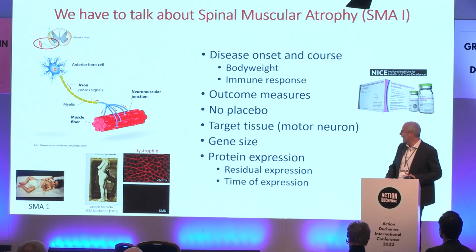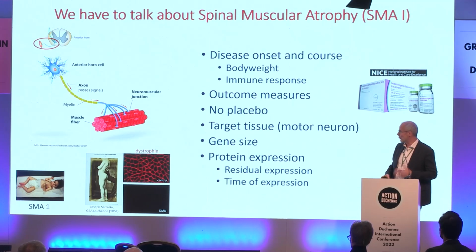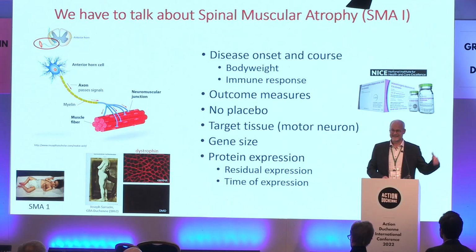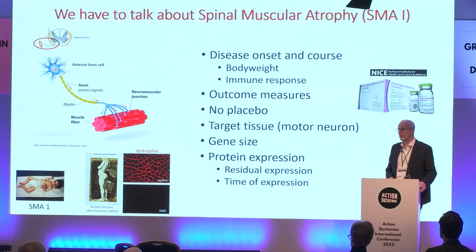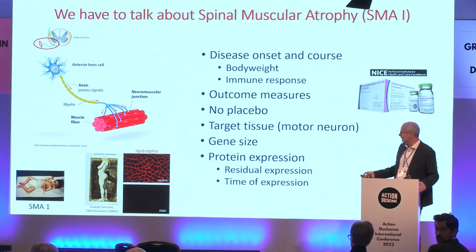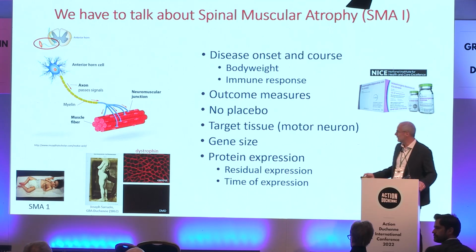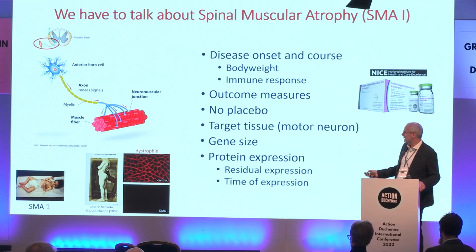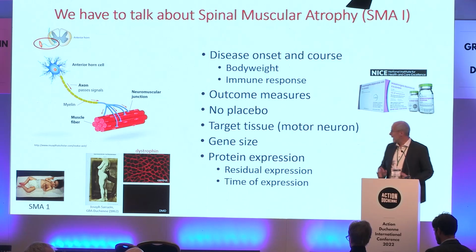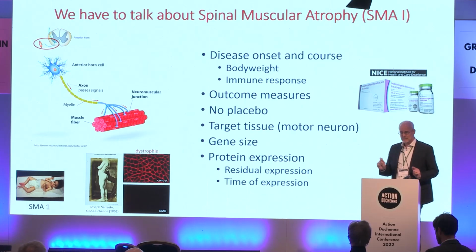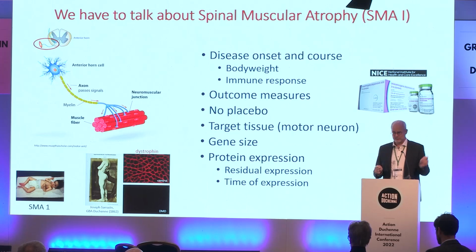Now, first of all, for those who don't know, in Duchenne muscular dystrophy, our target tissue, where we want to replace the faulty gene with a healthy gene, is the skeletal muscle. And in spinal muscular atrophy, it is the motor neuron or the anterior horn cell here in the cross-section of the spinal cord. And there are a few really important differences between the motor neuron and the skeletal muscle.